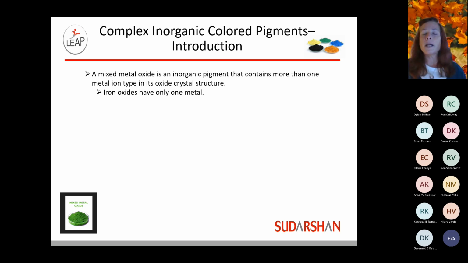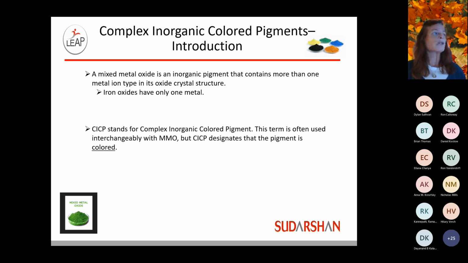So CICPs have two or more in their structure. CICP stands for complex inorganic colored pigment. It's often used interchangeably with mixed metal oxide, but the acronym CICP designates that this pigment is colored, whereas the mixed metal oxide may not be colored in nature.